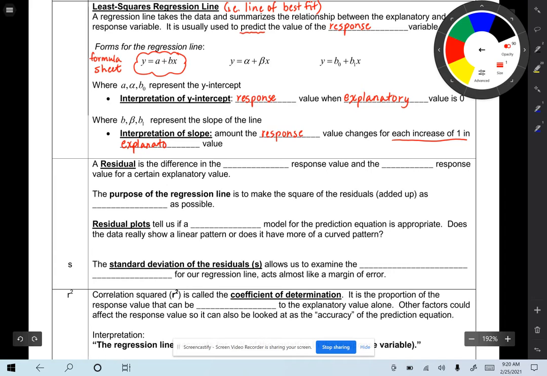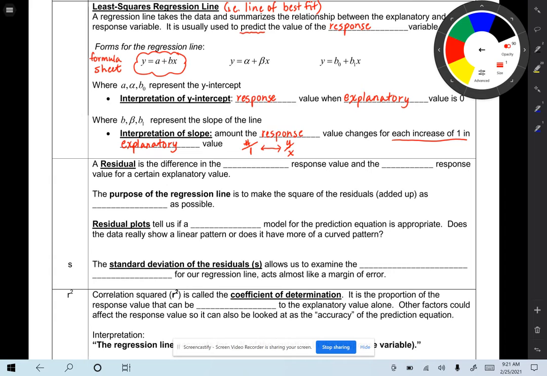So you have this number increasing for every one value of the explanatory variable. And you know slope is rise over run, or the change in y divided by the change in x. So that's where you get that.